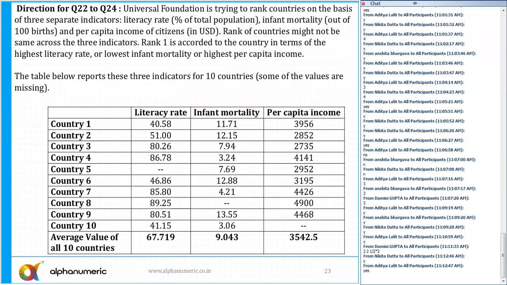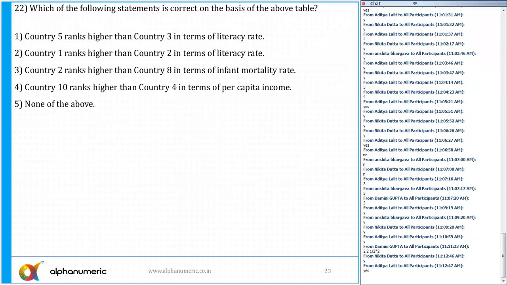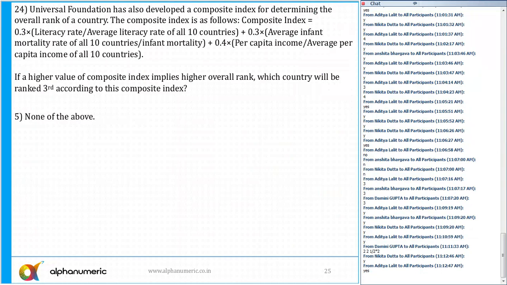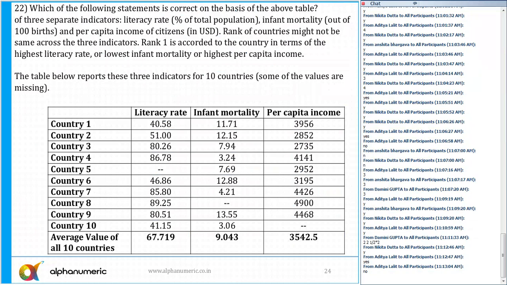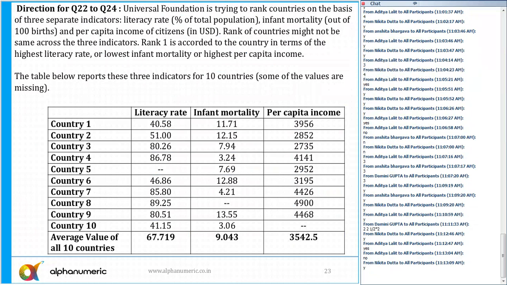Now 22 to 24. It's DI, but it is doable. Anyone who has done that? 22, 23, 24? Okay, I'll tell you what to do here. It says Universal Foundation is trying to rank countries on the basis of 3 separate indicators: literacy rate, percent of total population, infant mortality out of 100 births, and per capita income of citizens in US dollars.